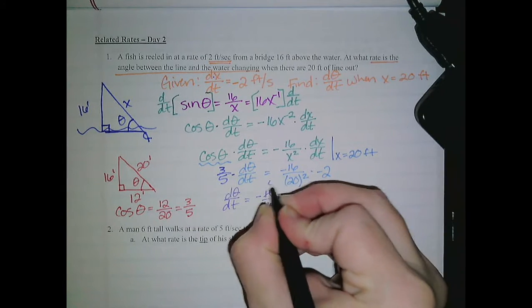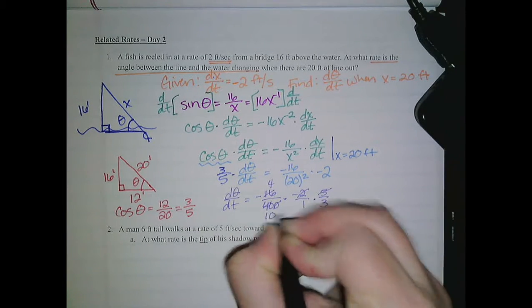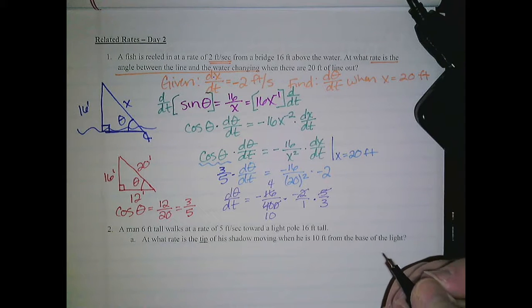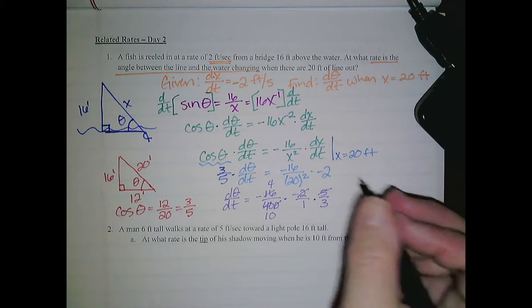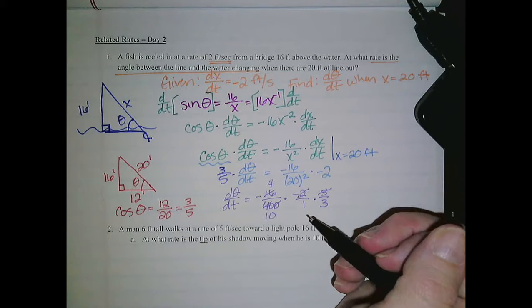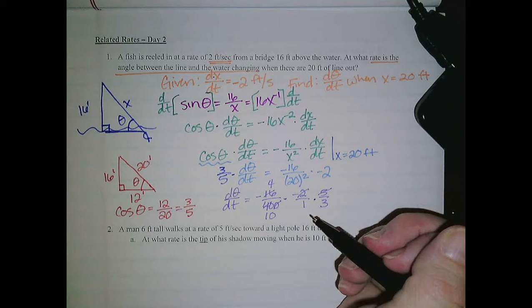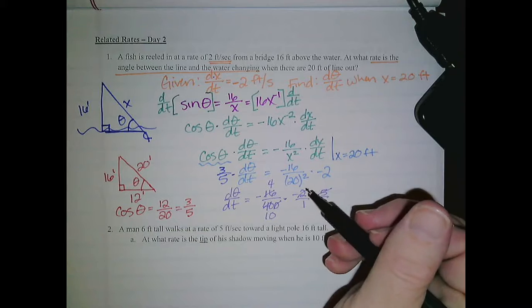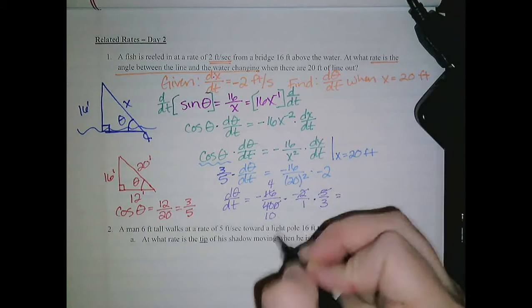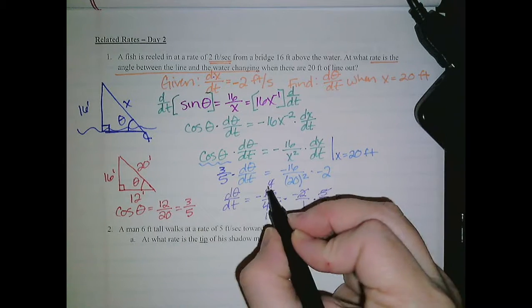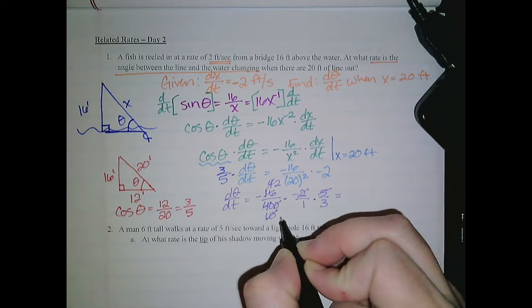So that would be 4 and that would be 10. And I'm not sure what else I could reduce here. Oh, no, I could reduce those even further because 2 goes into 4 2 times, 2 goes into 10 5 times.